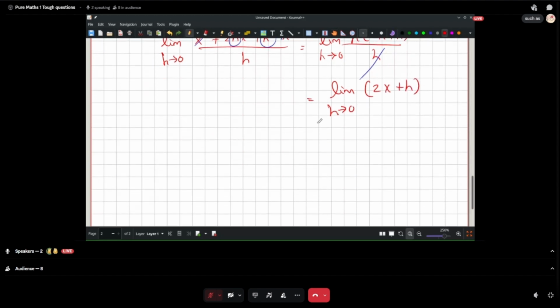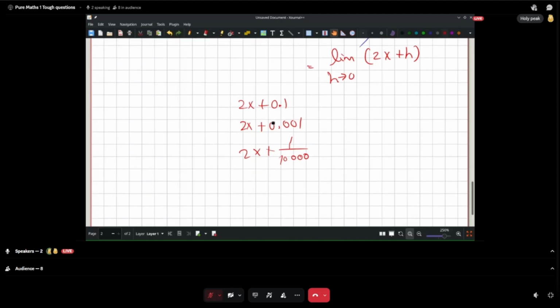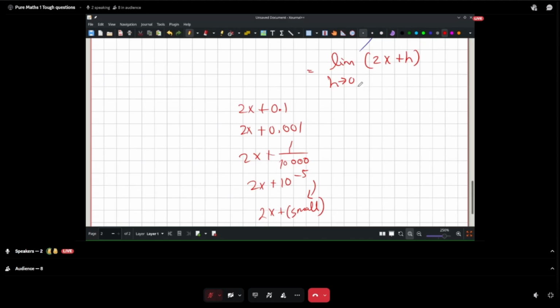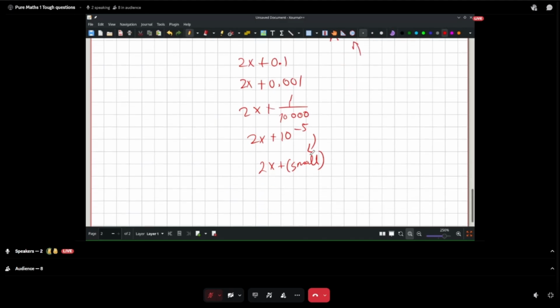And this is just saying, what if you had 2x plus 0.1, and then it turned into 2x plus 0.001, 2x plus 1 by 10,000, 2x plus 10 to the power minus 5. This keeps getting smaller. 2x plus something really small, and it's approaching 0. So this is obviously just the same as 2x, right?